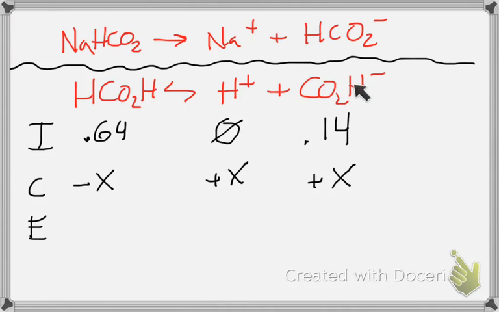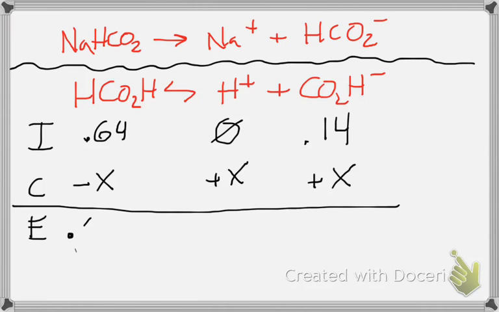It's the same molecule. I just wrote the H on opposite ends. Sorry about that. Okay, so then at equilibrium, the concentration of the formic acid is going to be 0.64 minus X. H+ will just be plus X, and 0.14 plus X for the formate ion.